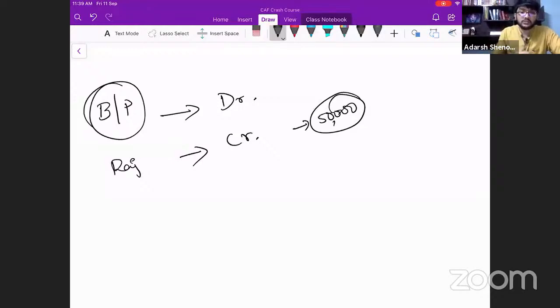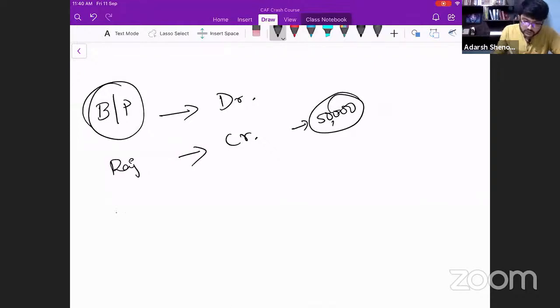Because I did not honor the bill on the due date, he went to the lawyer and he paid some amount. So that also he is going to recover from me. Is it my expense? It is my expense because I have to bear it from my pocket. So I have to recognize that expense. Noting charges is an expense for us.